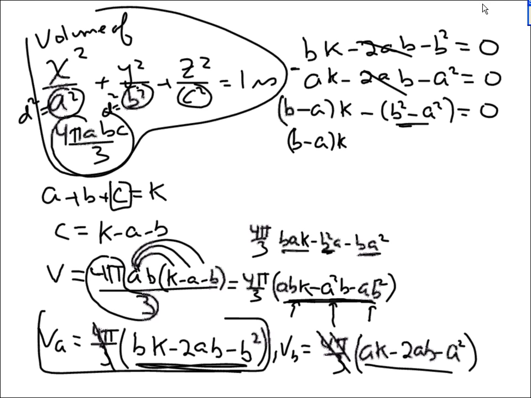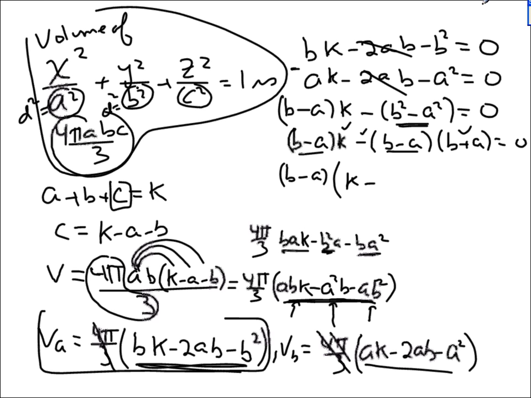It's the difference of squares. It's b minus a times b plus a. And then I can factor out the b minus a. And what I'm left with is the k minus b plus a in brackets. And this is still 0.